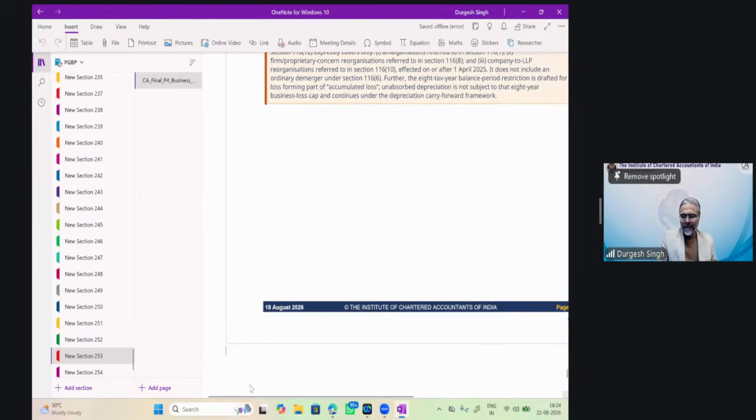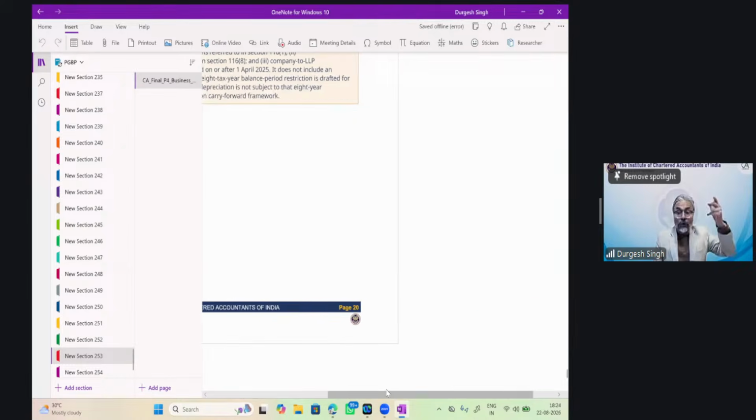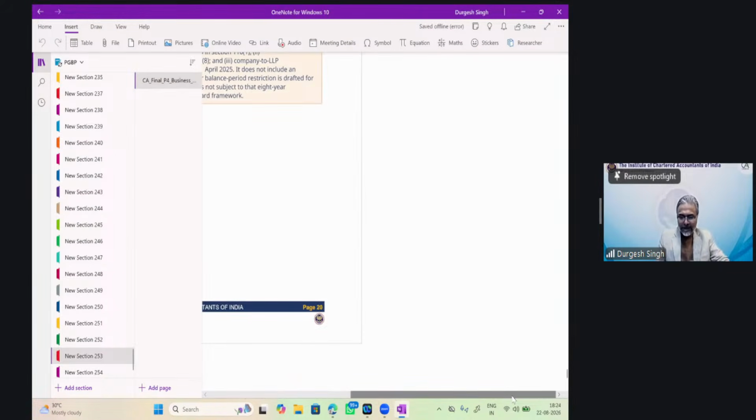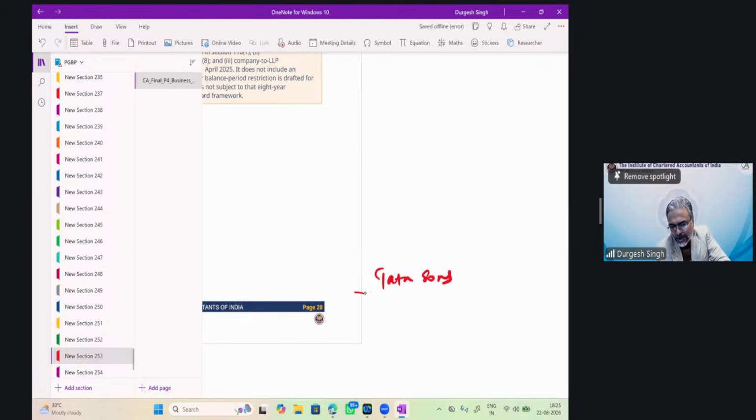Tata Group has got many undertakings, and these undertakings were a part of the flagship company, Tata Sons.